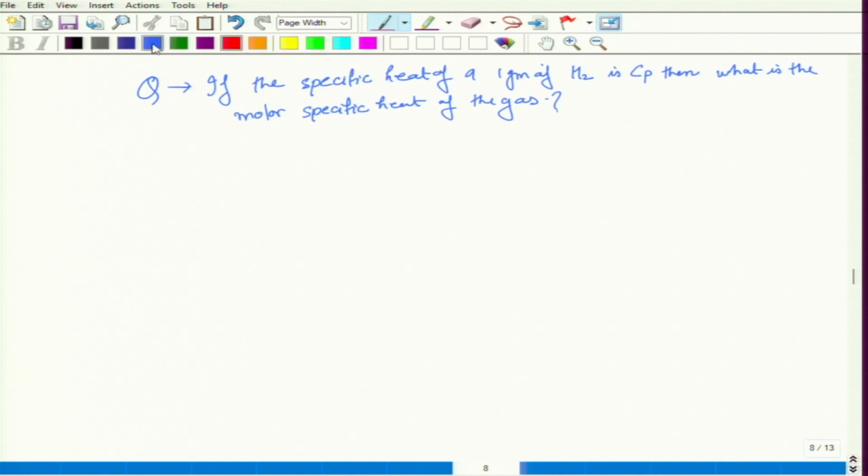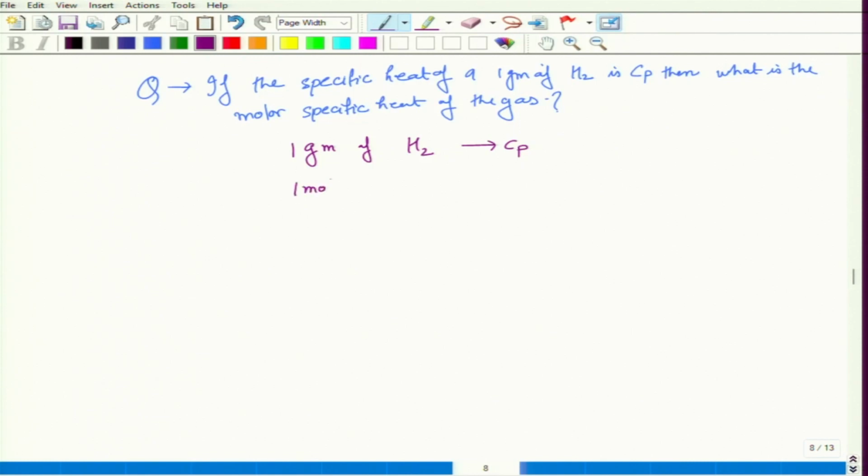So the answer to this: can we relate it like this? The specific heat of 1 gram of hydrogen is small Cp, and we need to calculate the specific heat of 1 mole of hydrogen.